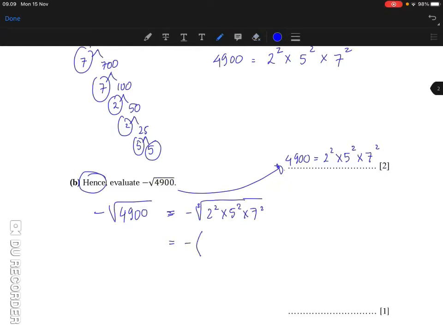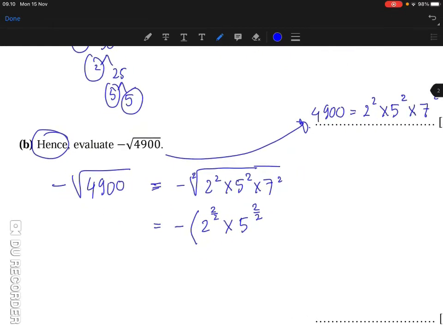After that, I need you to leave it in the bracket, yeah. Then you will have 2 power by 2 divide by 2 multiply 5 power by 2 divide by 2 multiply by 7 power by 2 divide by 2. Then you will have negative 2 power by 1 multiply 5 power by 1 and 7 power by 1.